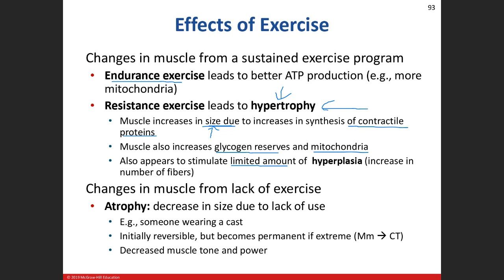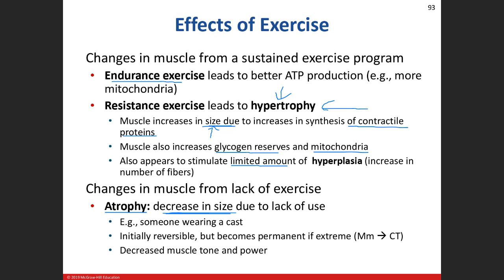So the opposite, not exercising, will cause a decrease in your muscle mass, and that will cause atrophy. So with atrophy, if you're a person that is very sedentary, or if you, God forbid, were seriously hurt and were bedridden for quite a long period of time, through that lack of exercise, like that saying I said earlier, if you don't use it, you lose it, you'll start to see a decrease in the size of the muscle cell, okay?